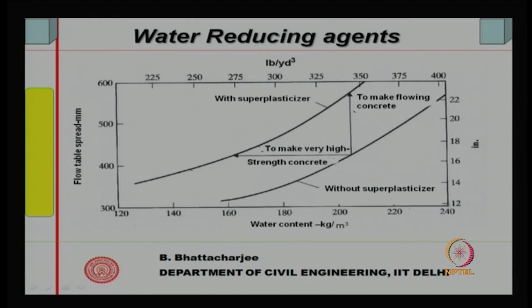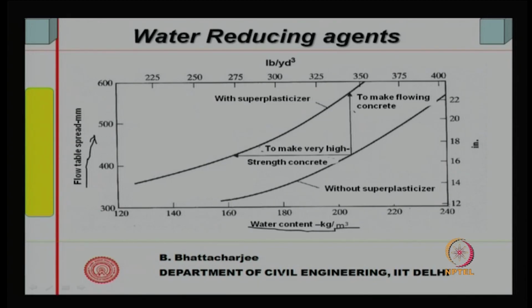If you recall, we looked into this a diagram which showed that we can use it in different ways. For example, this is somewhat repeated in a slightly different manner in this diagram. In this axis, if you see, we have water content, and in this axis is flow table spread.